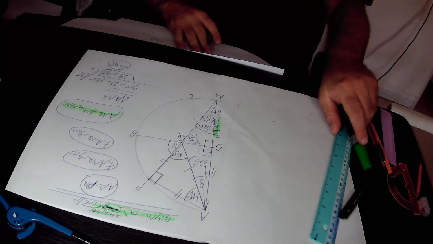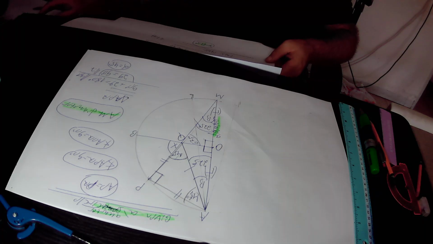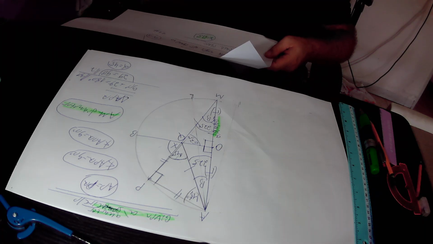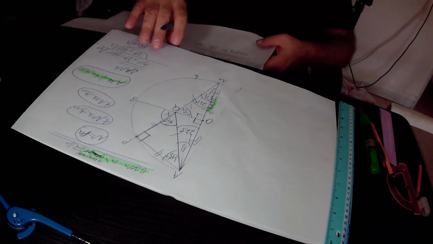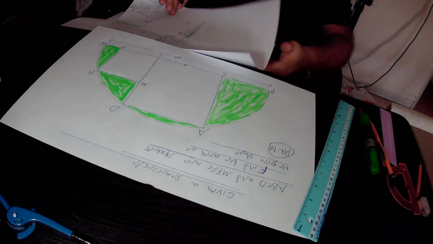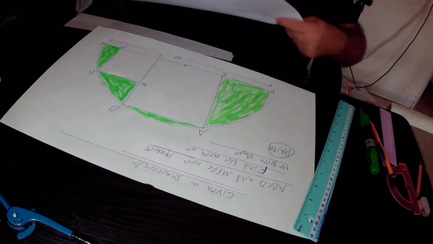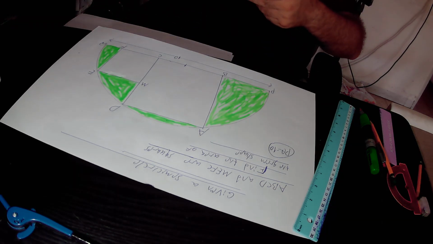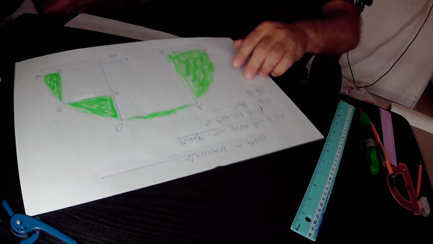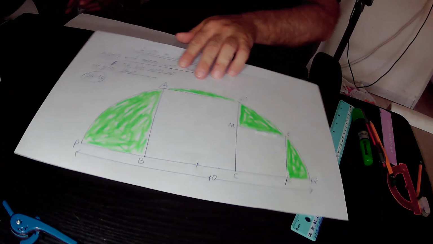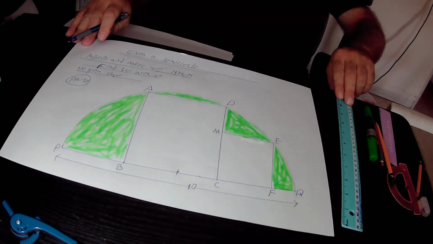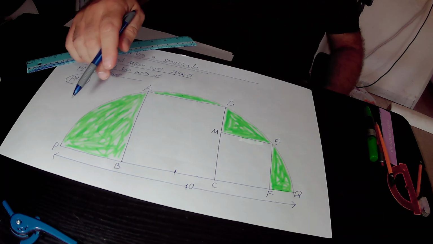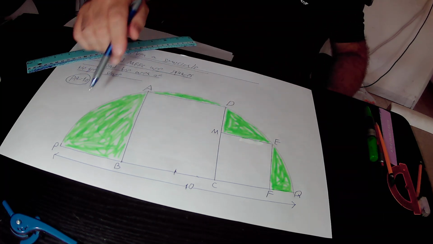In the next step, I present to you the second question, and we will solve the second question of this lecture. In the second question, our task was to find out the area of this grand shape. So in the drawing, we have a big semicircle.